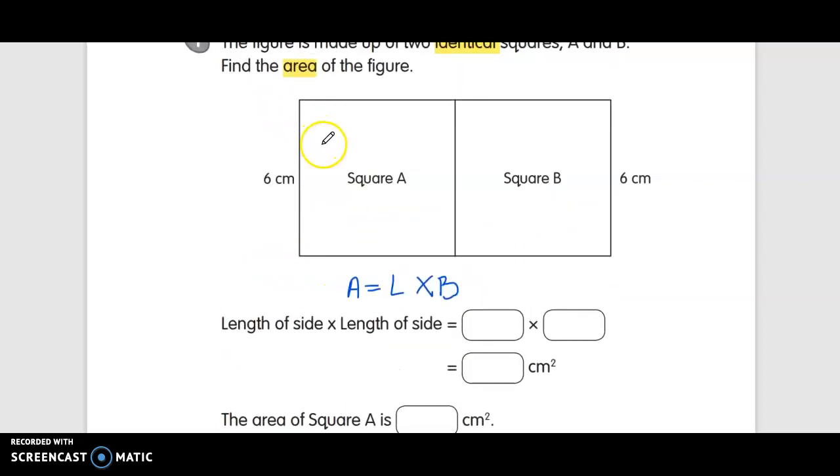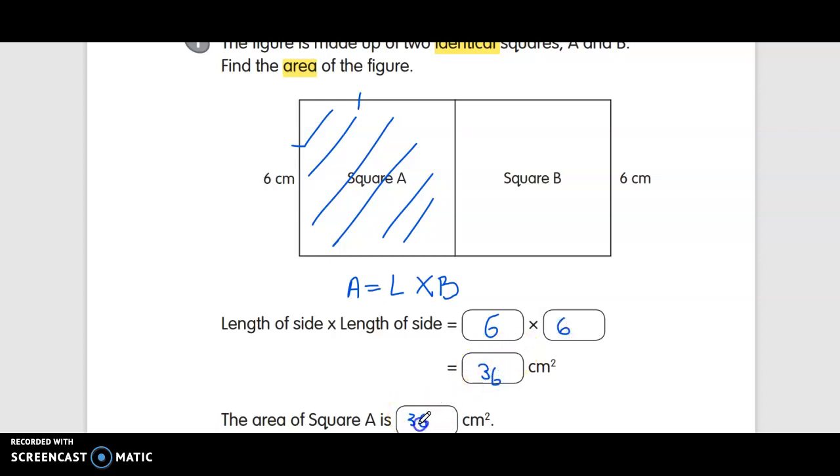Okay? So length times length. We know that square, the property is that all lengths are the same. So to find the area of one square, first is 6 times 6, and you should know your times table well. It is 36 cm square.